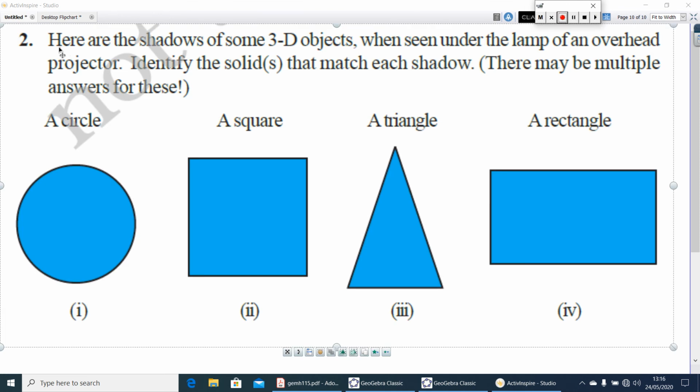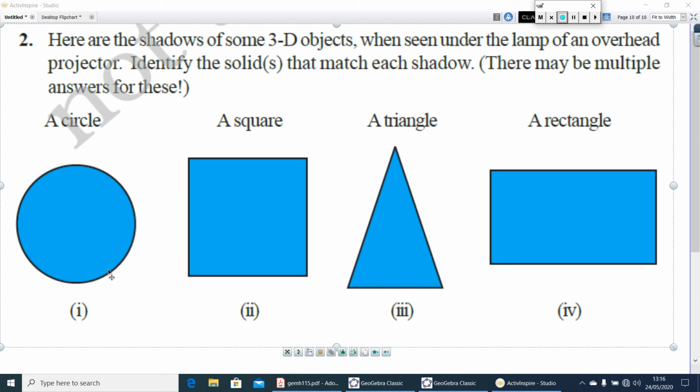In question number 2, the shadows of some 3D objects are seen under the lamp of an overhead projector. Here these are all the shadows. Then identify the solid that matches each shadow. Suppose you get a circle.